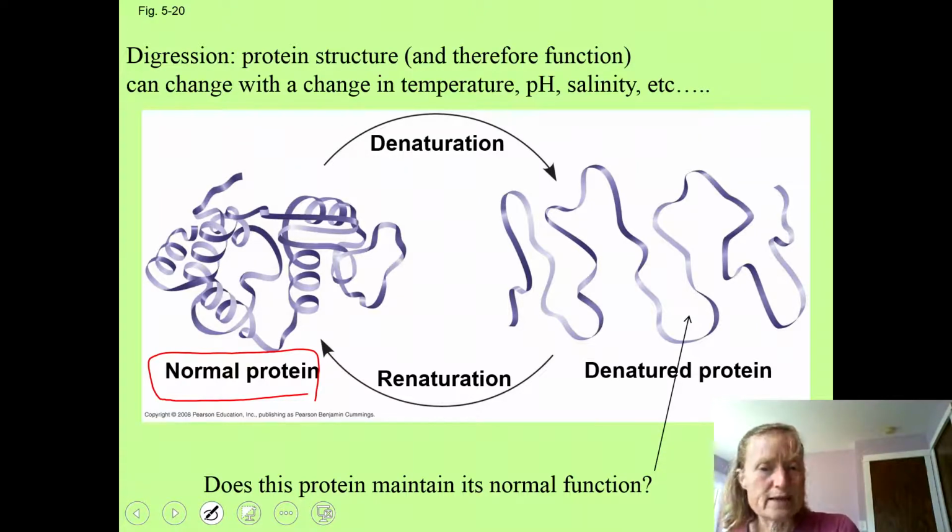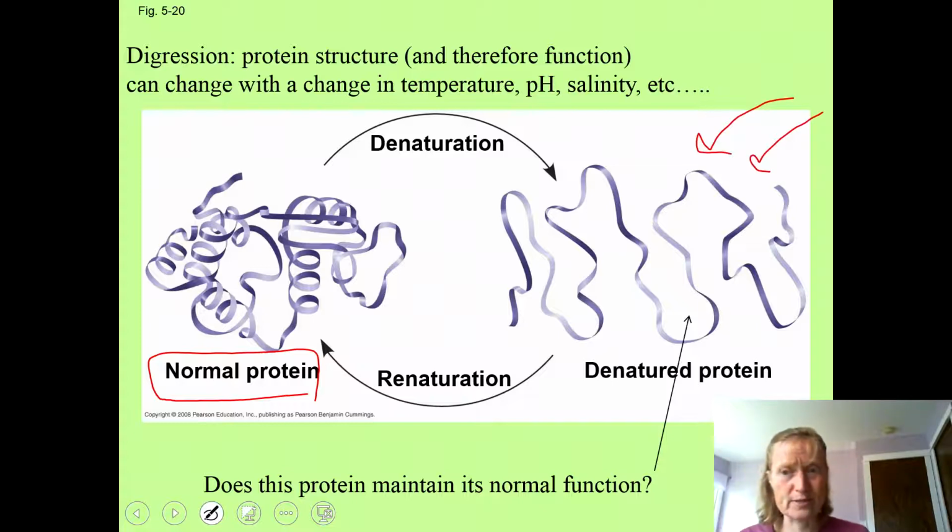We sometimes say that a protein can be denatured into a bad shape, something that's lost its 3-dimensional shape. Proteins can change shape when they're in strange conditions, like when the temperature changes, or the pH changes, or the salinity changes in the environment, and that may cause them to totally lose their shape. And they might just be a ribbon, if you will.